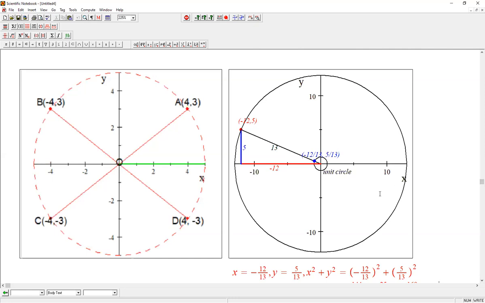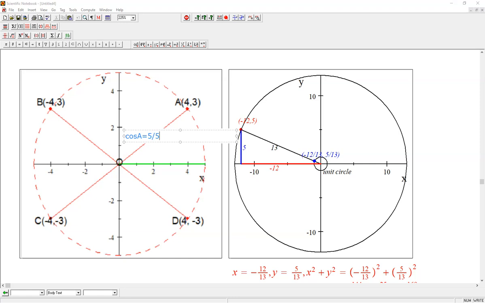We did this for that one, and you just have to do this one too. So here the cosine value for this point is cosine A. Let me write it down like this. Cosine alpha, cosine A equals 4/5.